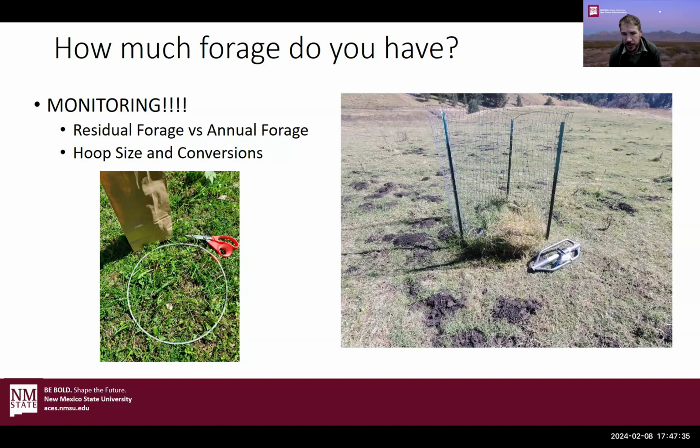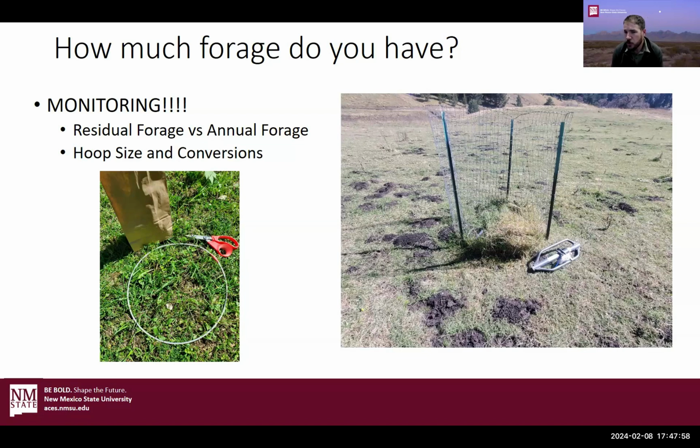So two key concepts with forage availability. There's a difference between residual forage and annual forage or caged forage. Residual forage is not protected from other grazers, other consumers. It is just out there.